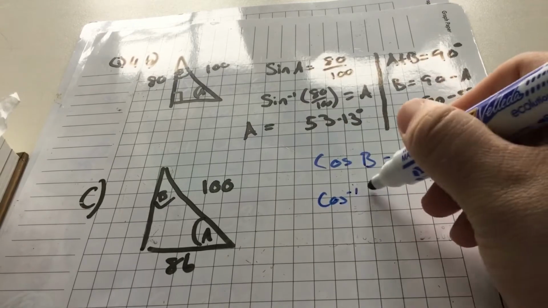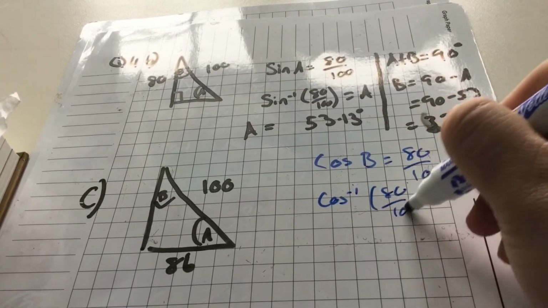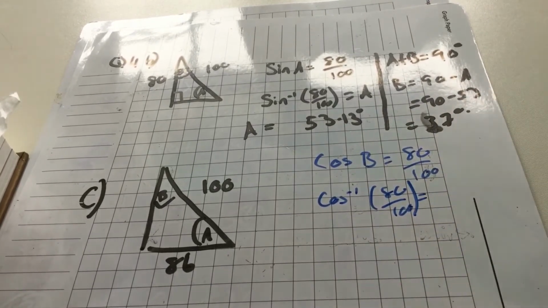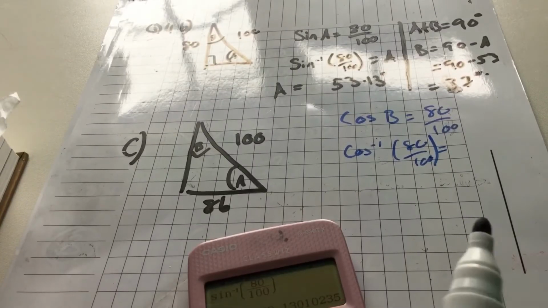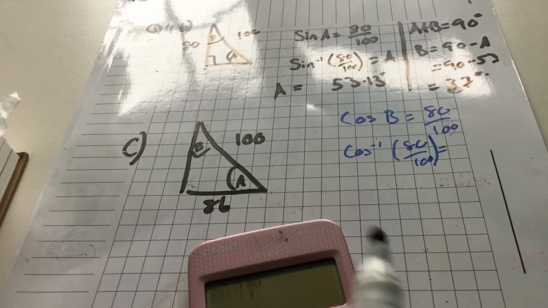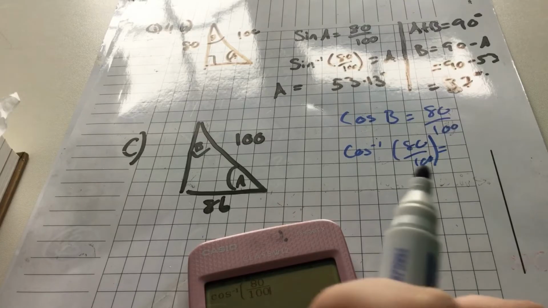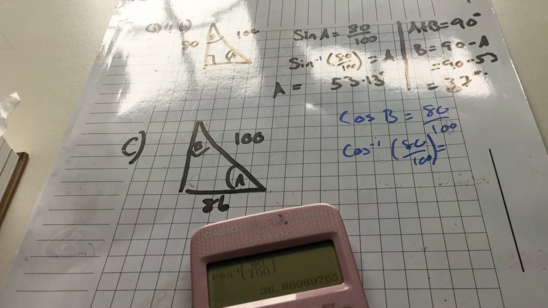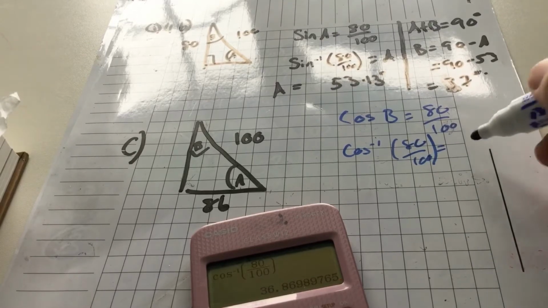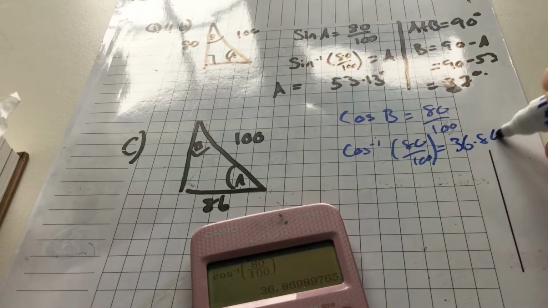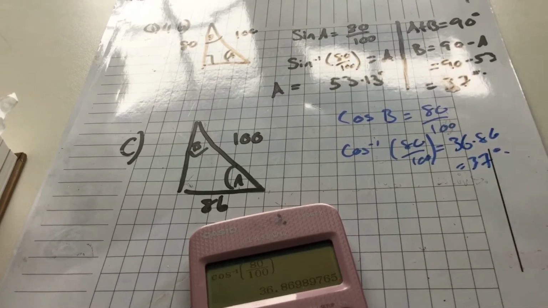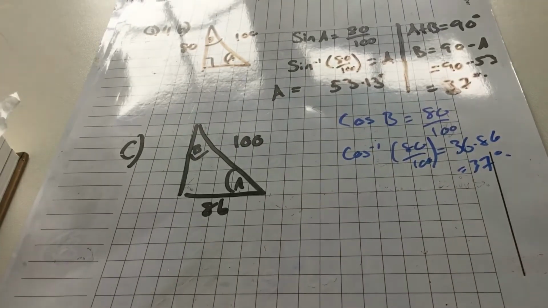So the inverse of cosine of 80 over 100. Shift cosine 80 over 100 is 36.86, or 37. Okay, so either way there.